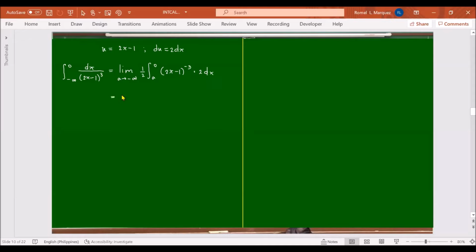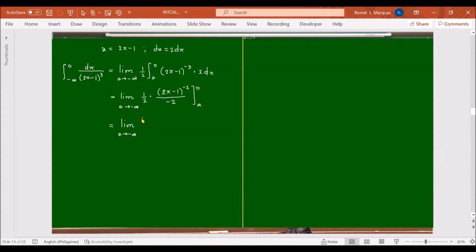So this is now equal to the limit as a approaches negative infinity of 1/2 times, by the general power formula, u to the n plus 1 over n plus 1 evaluated from a to 0. Okay?